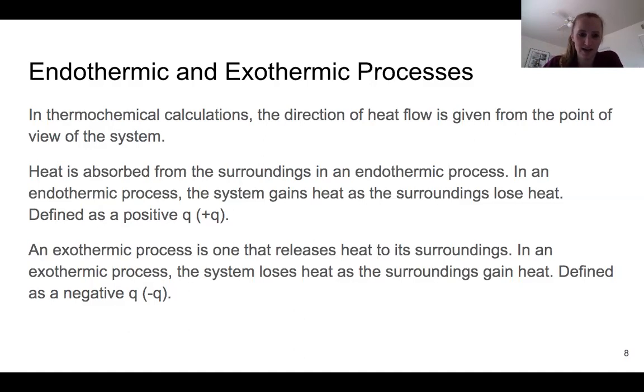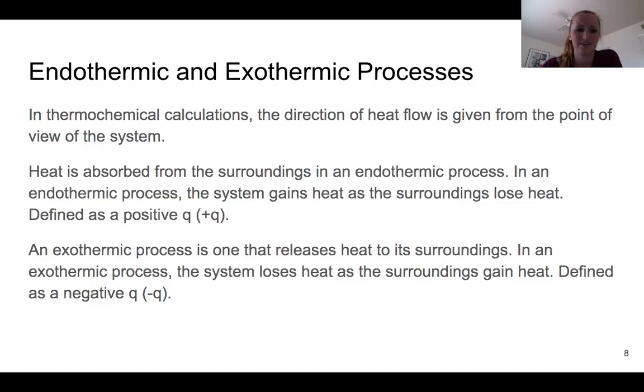So there's two types of processes that are really important in thermochemistry. One is endothermic, and the other is exothermic. And these words hopefully seem somewhat familiar, maybe from biology. Certain animals are endothermic versus exothermic.